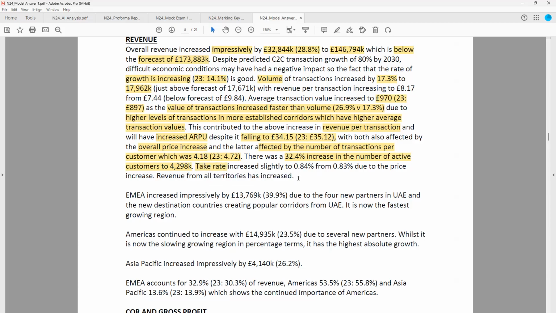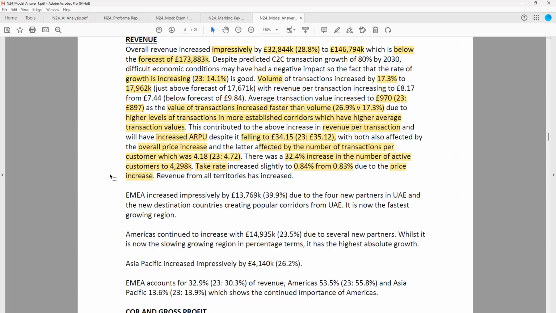And then, of course, as I said, with the take rate, that's gone up, and that's because of the price increase. How much of the transaction value is WMP taking as its revenue, and that's obviously gone up because of the fee increase. And you could comment on whether all territories have had an increase or only some. That's quite a useful trend point to pick up.